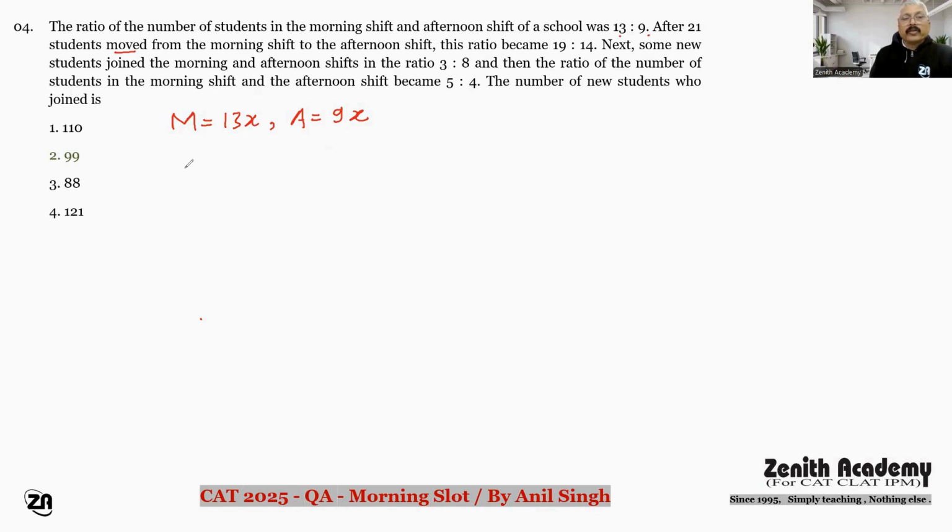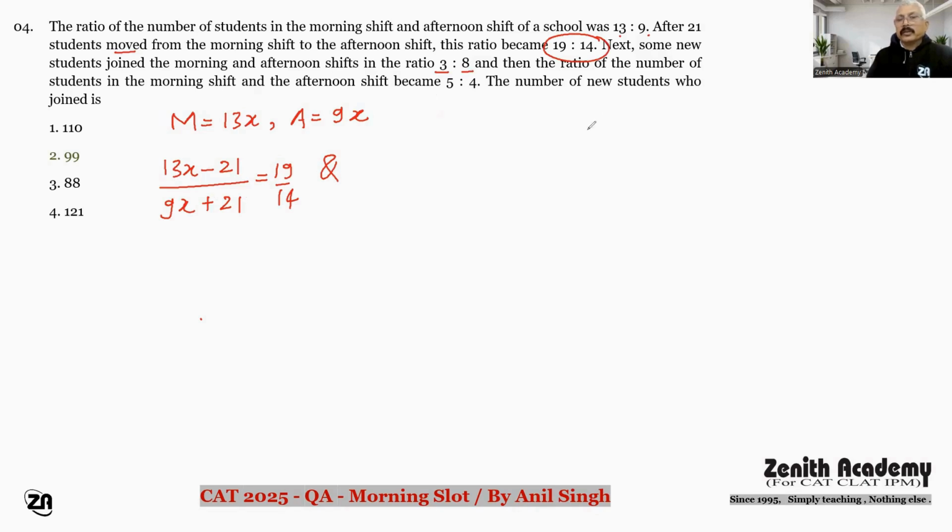Means now after shifting, the number of students in the morning shift will be 13x minus 21, and these 21 students shift to the afternoon shift. So the number of students in the afternoon shift will be 9x plus 21. And this with the new ratio becomes 19:40.